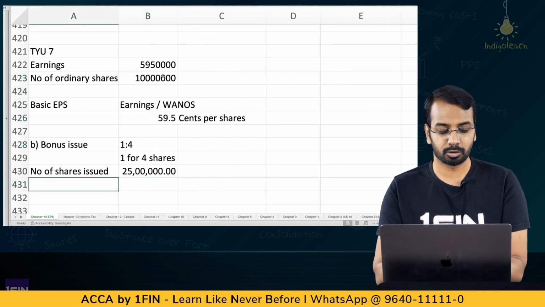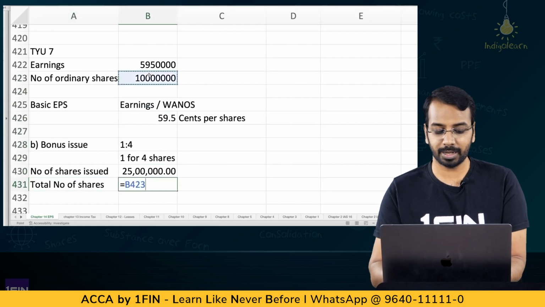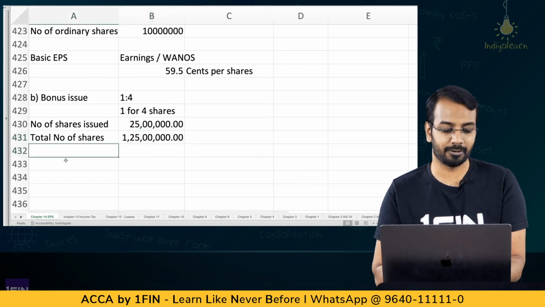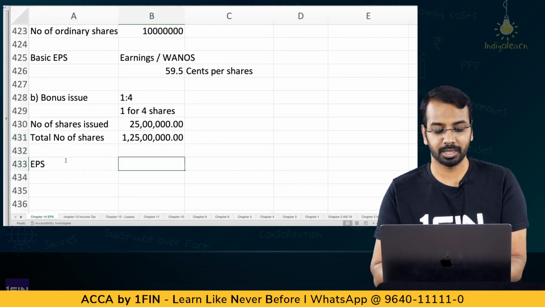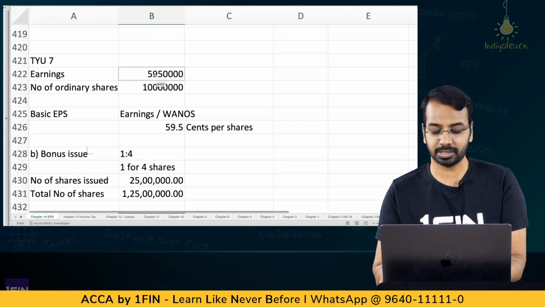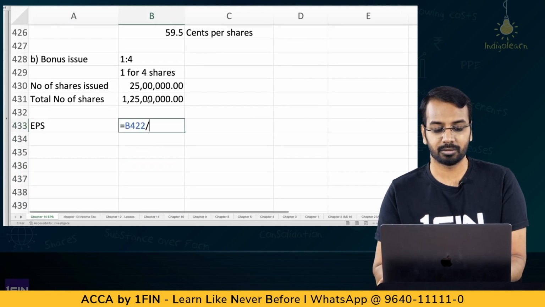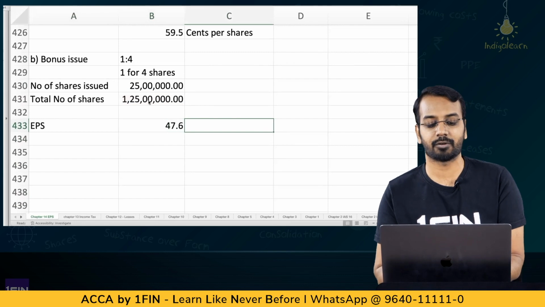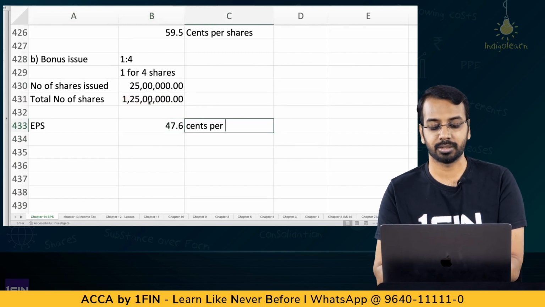So total number of shares is 10 million plus 2.5 million, you have 12.5 million. So EPS would be earnings divided by 12.5 million, 0.476 multiplied by 100, you get 47.6 cents per share.